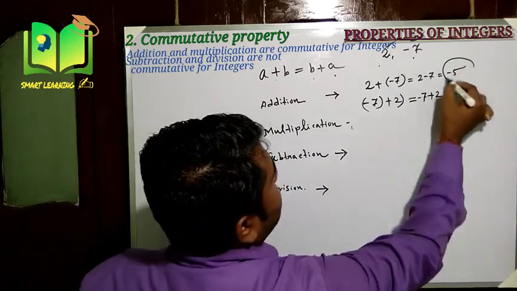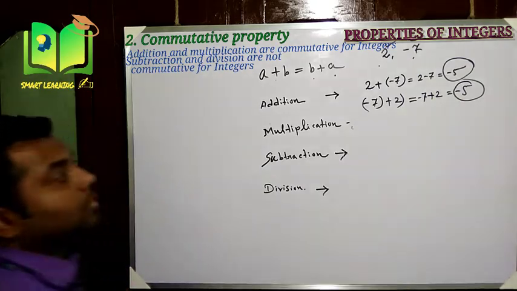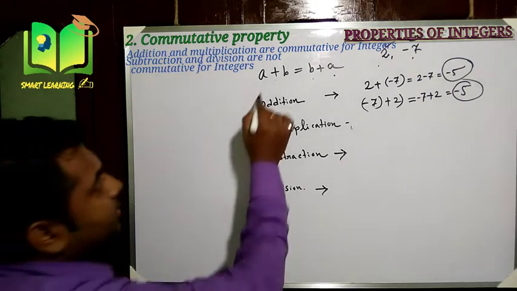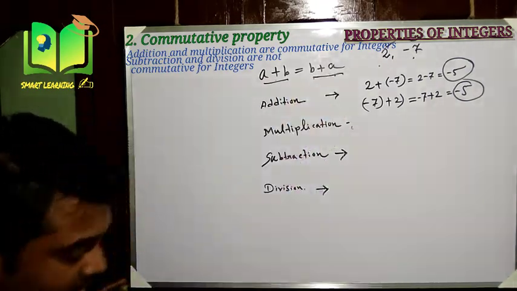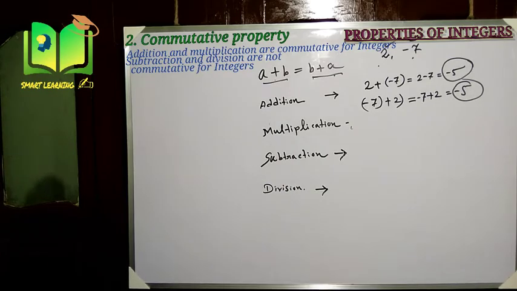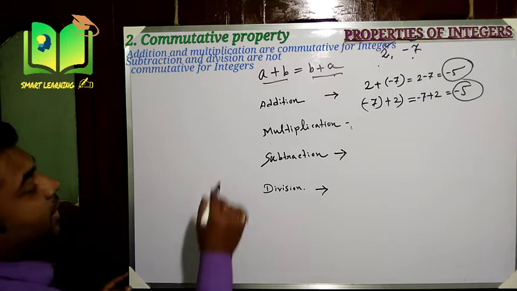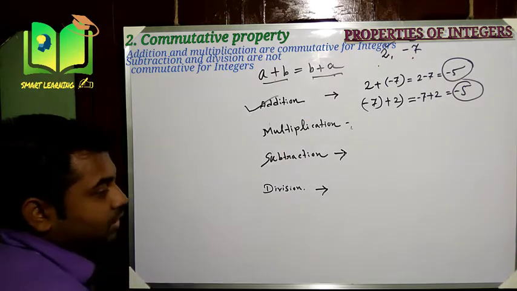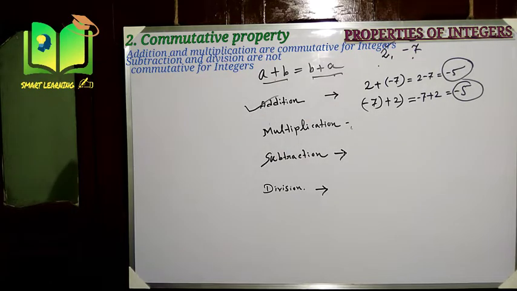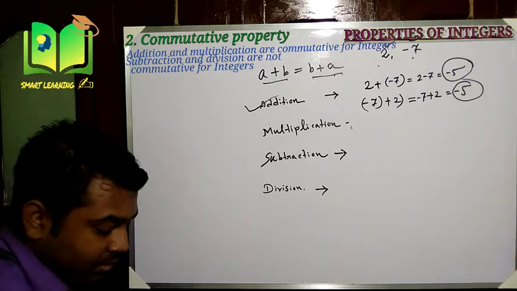So both the answers are the same. It means a plus b equals b plus a. Therefore, we can say addition is commutative for integers.